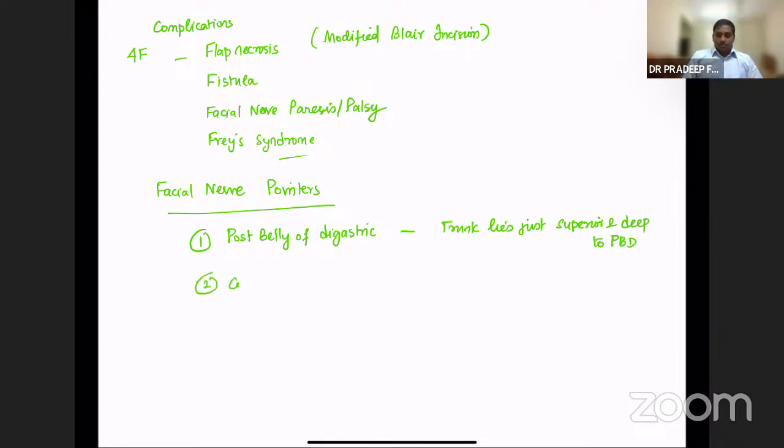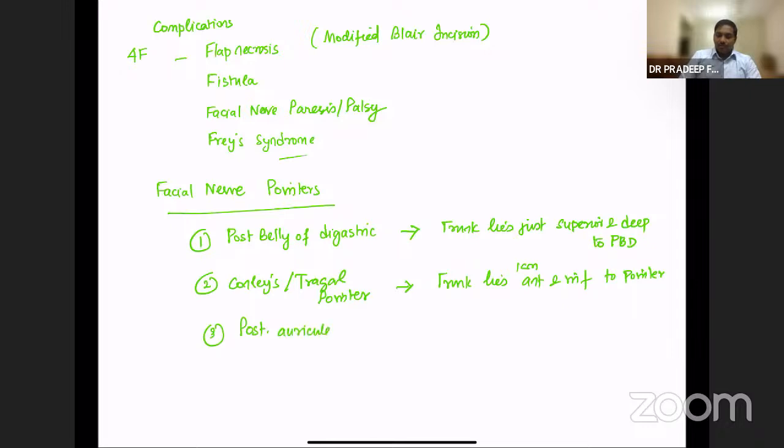Number two, Conley's pointer or tragal pointer. The facial nerve trunk lies 1 centimeter anterior and inferior to the pointer. The final one is the posterior auricular artery.